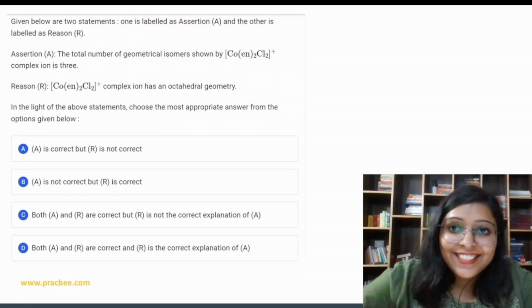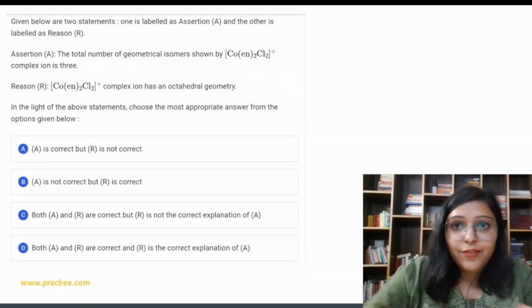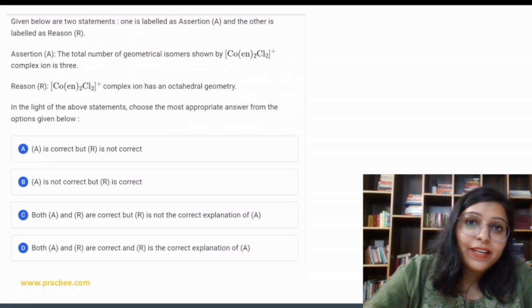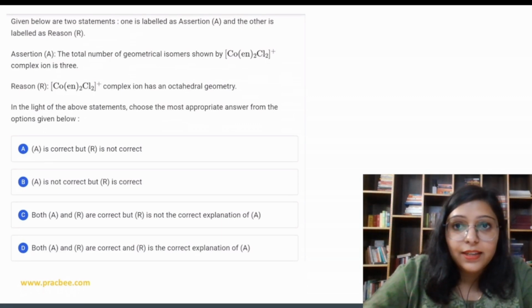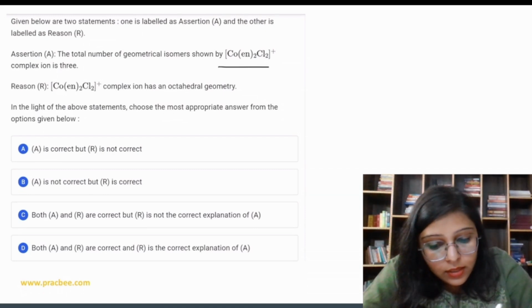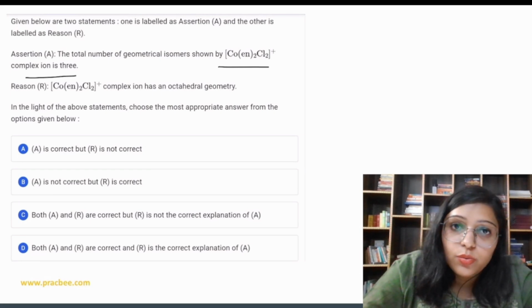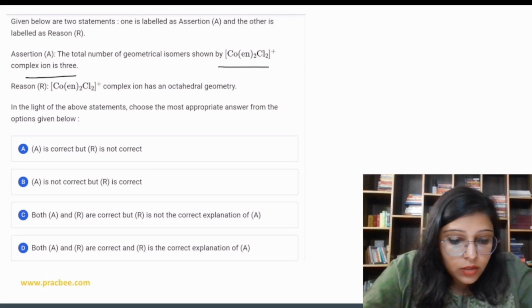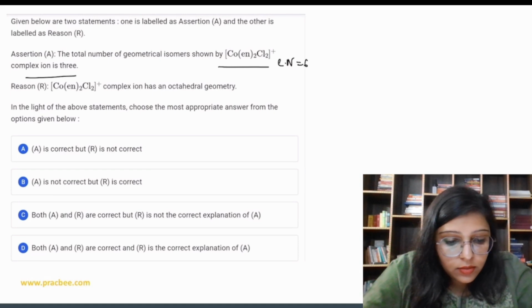So let's discuss question number 1. Given below are two statements. One is labeled as assertion A and the other is labeled as reason R. Assertion A: the total number of geometrical isomers shown by this complex is 3. Is it true? So see, coordination number is 6. Why?